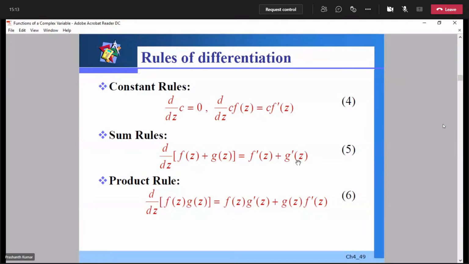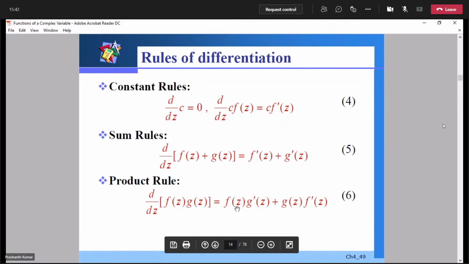Next, product rule: d by dz of f of z into g of z. Two functions, f of z and g of z; when you take these two functions, you apply differentiability. This is just like the UV rule we apply in real functions; the same thing we apply here. First you take f of z as constant and differentiate g of z.